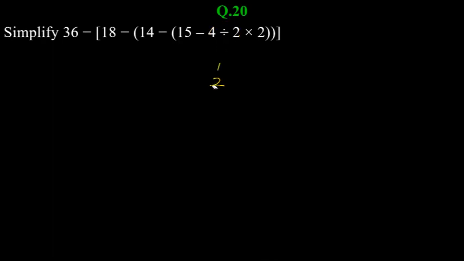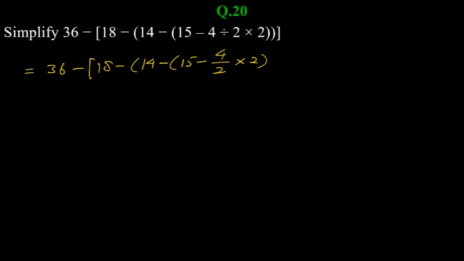Because there is a possibility that you can multiply these two first. And you might write it like 4 divided by 4, which will be wrong. So the best way is that in the beginning, write it like 4 by 2. Now there is no possibility that you can multiply these two.